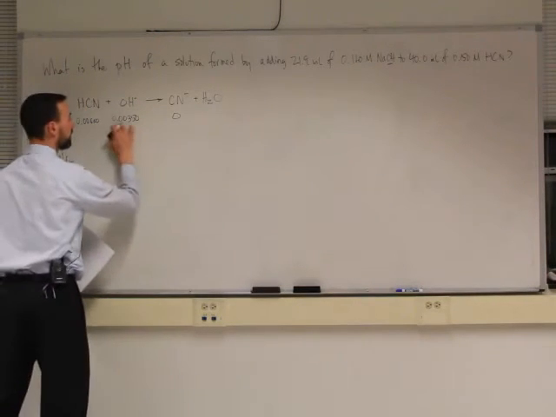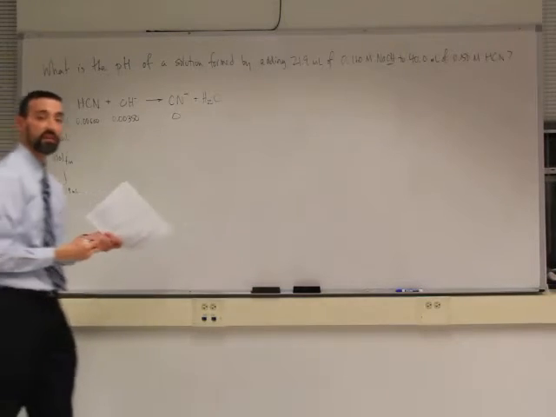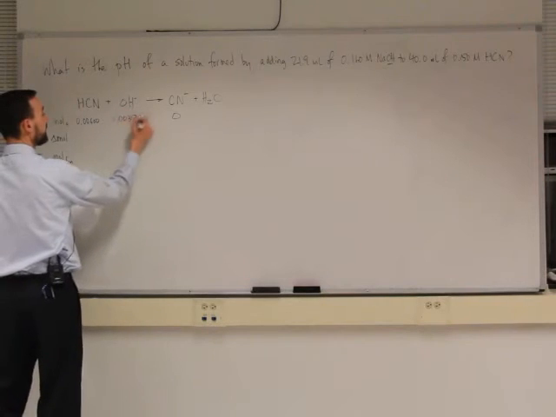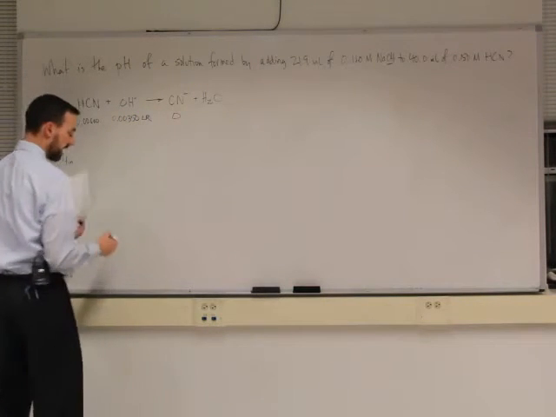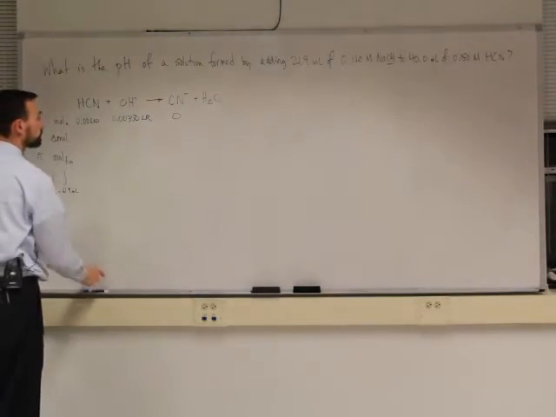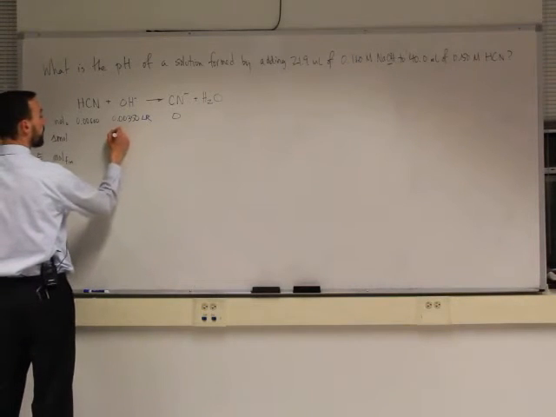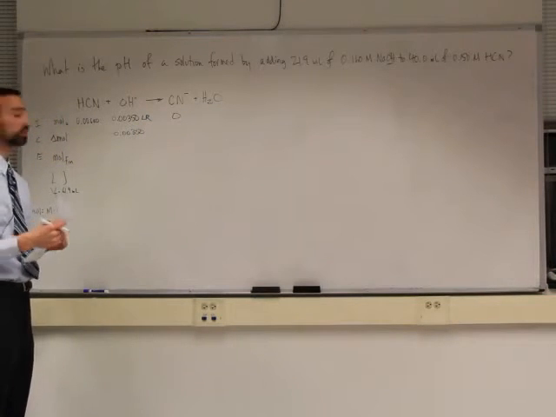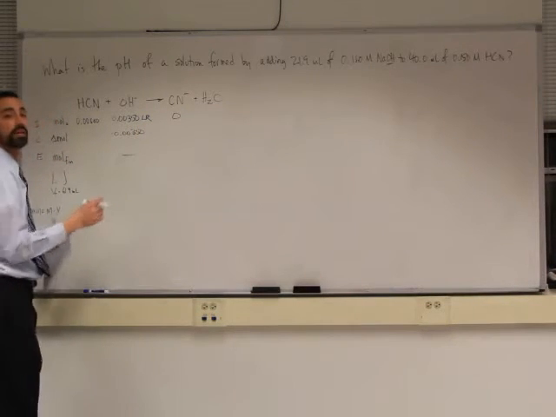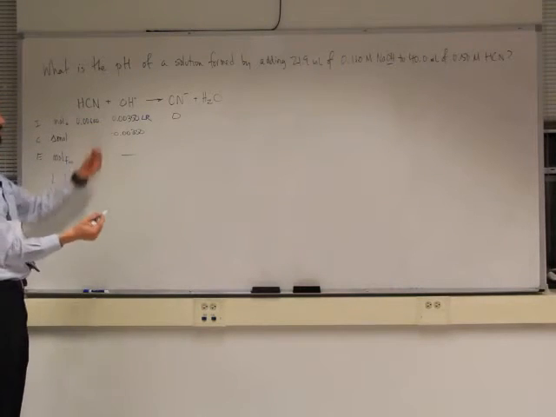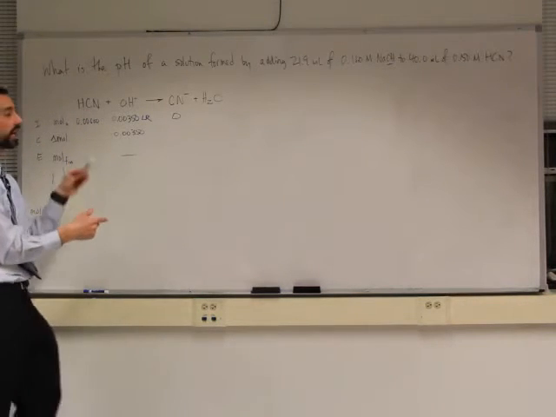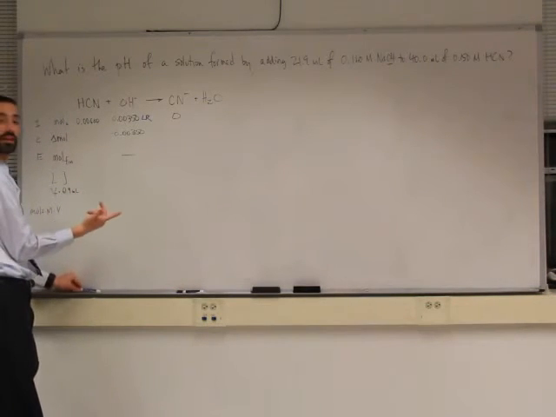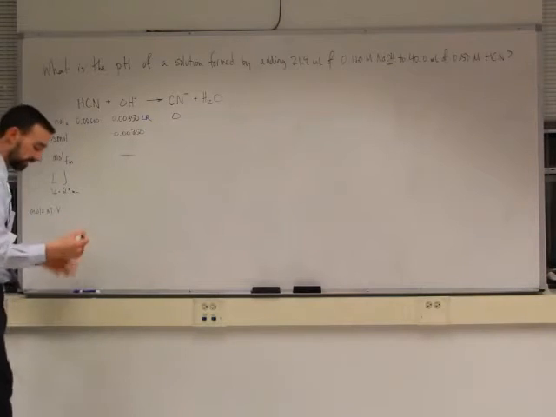Now I said only 0.00350 because this is a complete reaction, and that means that this is going to be the limiting reactant, the one that gets entirely used up. And so I know that all of the hydroxide is going to be eliminated because this reaction says take one HCN and one hydroxide and put them together. And so I'll do that until I run out of one or the other. In this case, I'll run out of the hydroxide.